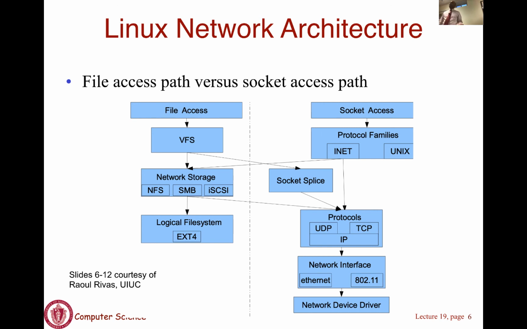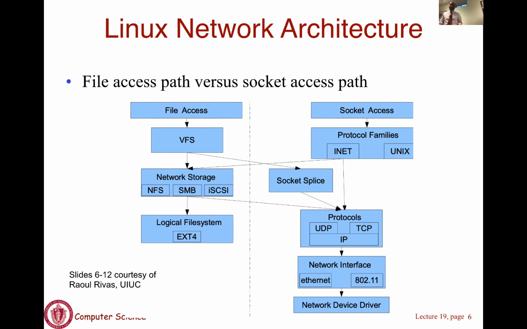You can have different network interfaces such as Ethernet, which is 802.3, and Wi-Fi, which is shown as 802.11. Once you give it to the network interface card, it's going to get sent out over the network channel using the device driver.